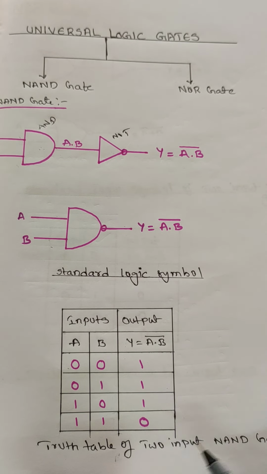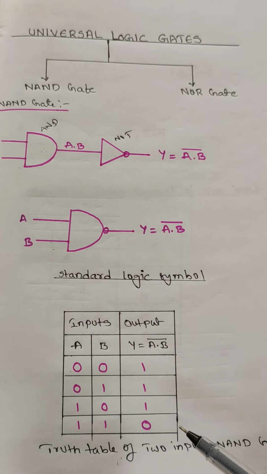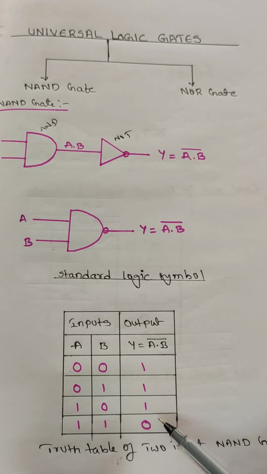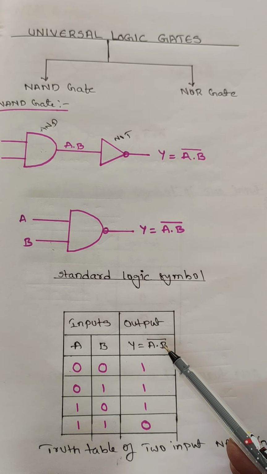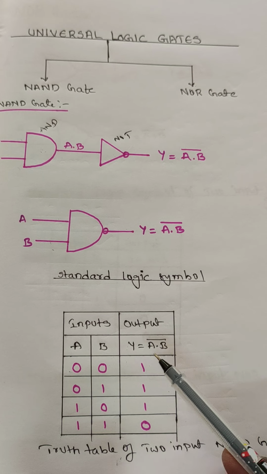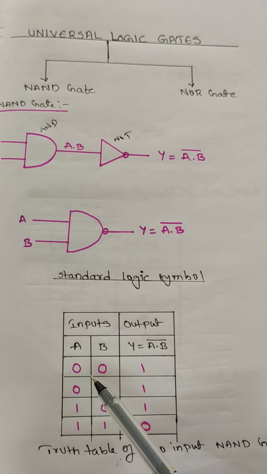Then coming to the truth table of the two-input NAND gate, the truth table of the NAND gate is developed by inverting the output of the AND gate. We are inverting the AND gate output. Now we will see how to read this truth table.